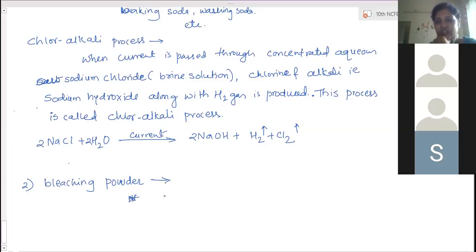That is baking soda, Shreya. This is bleaching powder I am asking. I'm sorry, ma'am. Bleaching powder, it is CaOCl2. What's the chemical name?